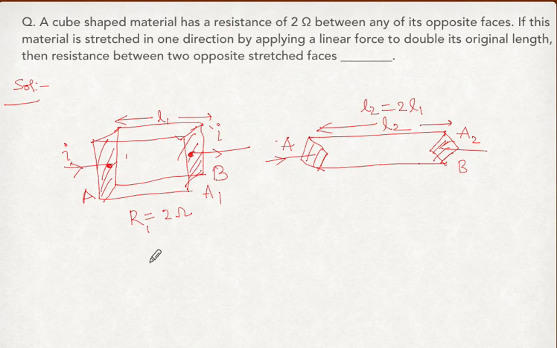So in this case our resistance will be R1 equal to rho L1 by A1, and in this case we will have R2 equal to rho L2 by A2. Since the material is the same in both cases, we will have the same value of rho.